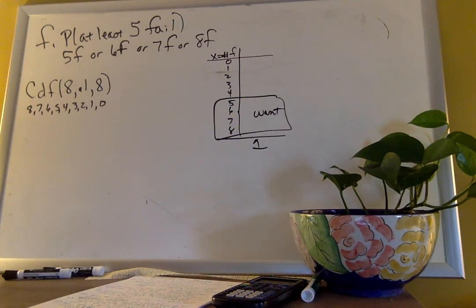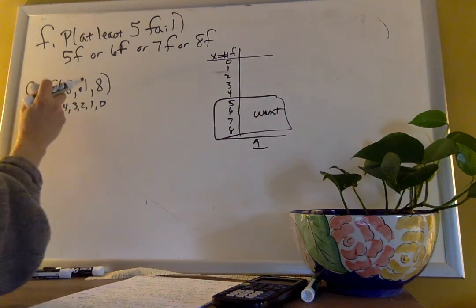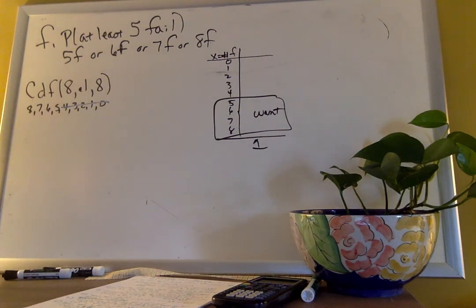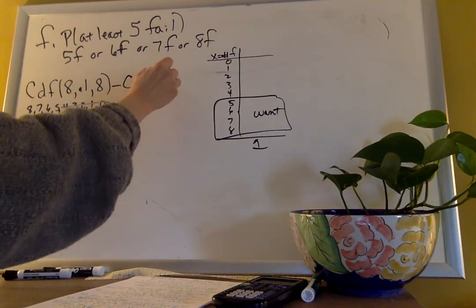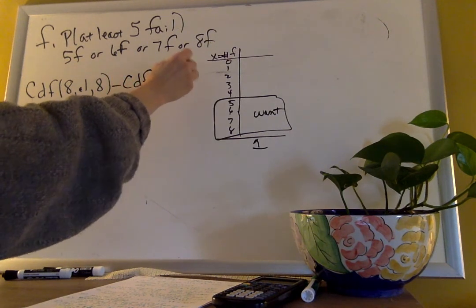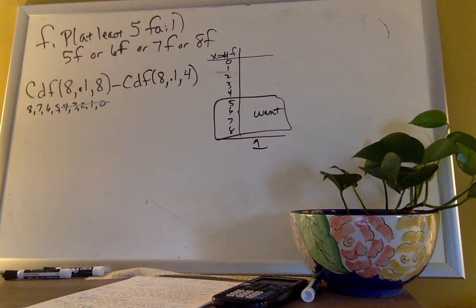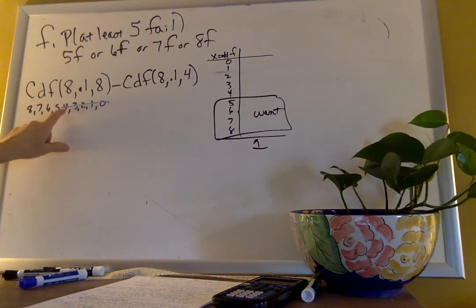I only wanted 5 through 8. I didn't want all of that. So, you could then subtract the CDF at 4, because the CDF at 4 is going to be 4, 3, 2, 1, 0. So yes, I'm going to end up with what I wanted.